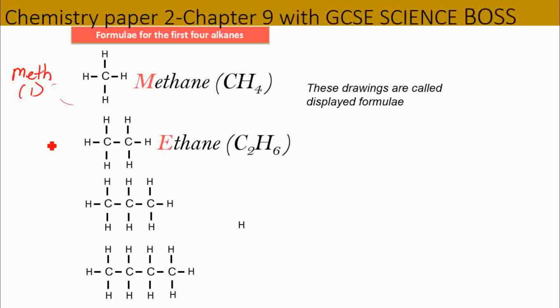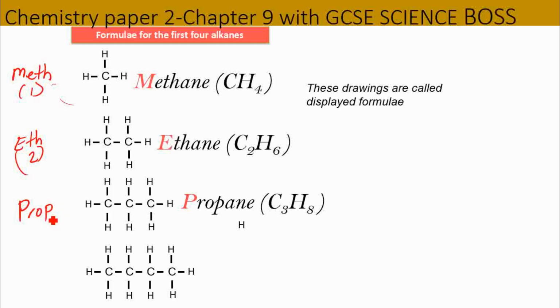When it is 2, we use the prefix eth, which gives C2H6. So the next one is going to be propane. Prop, which means that it's 3 carbons. And then the next in line is going to be butane, C4H10.